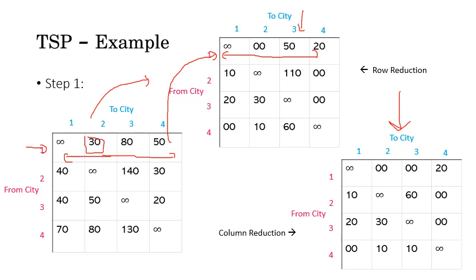We find out the minimum entry in a particular column and subtract that entry from all the entries. So for example, if you consider column 3, then the minimum entry is 50, and we subtract 50 from every entry in column 3. So 50 minus 50 is 0, 110 minus 50 is 60, and 60 minus 50 is 10. And that's how we obtain column 3.